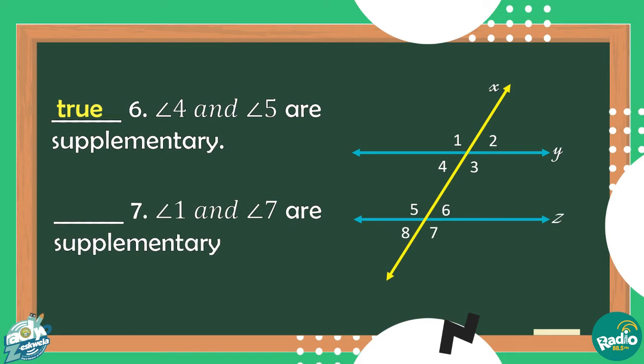Next item, angle 1 and angle 7 are supplementary. True or false? That's false, because angle 1 and angle 7 are alternate exterior angles, which are congruent and not supplementary.